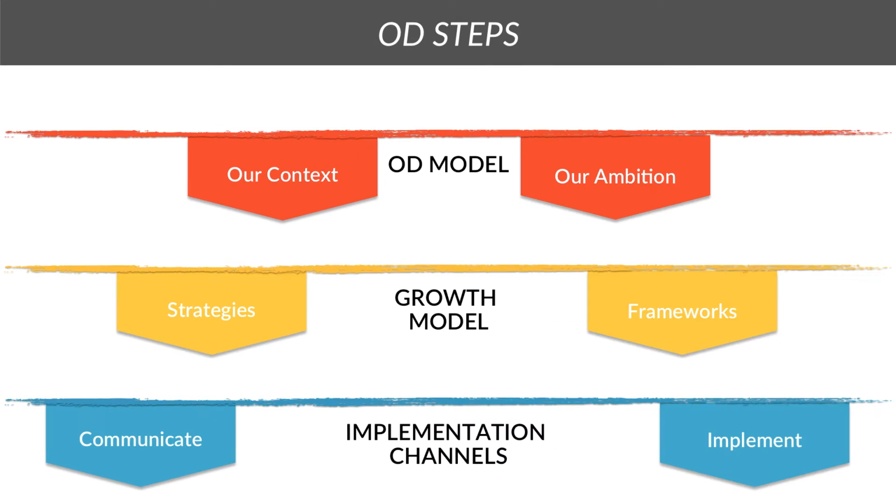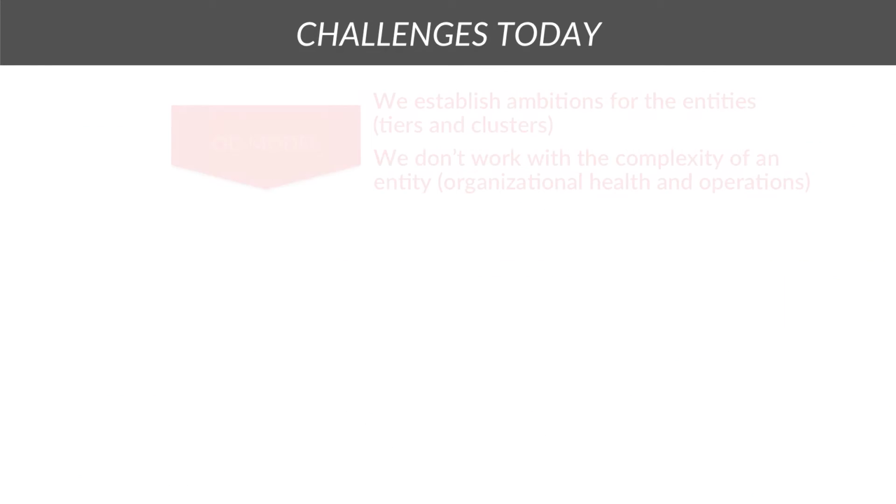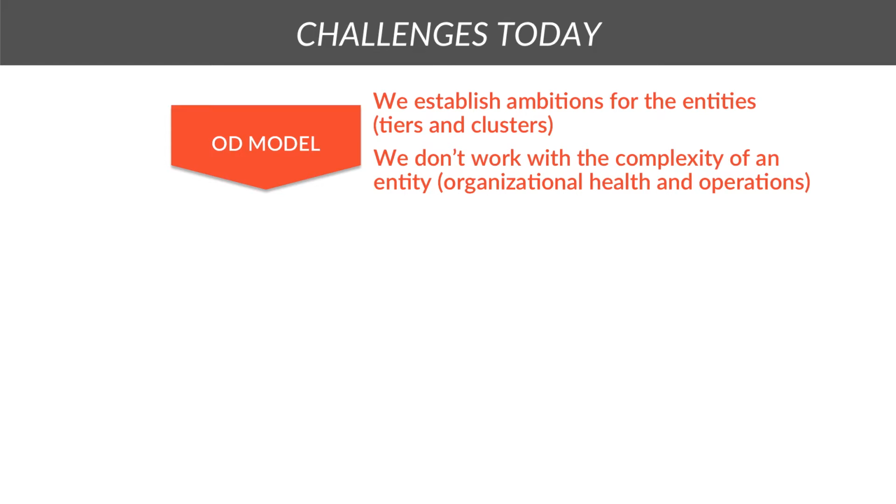Then, if we look at the older steps that I already explained to you, we also have a few challenges. The first challenge: we used to establish ambitions for the entities. With closed, established numbers for the tiers and the clusters, the LCs were just choosing from a variety of numbers, which was their ambition or their goal, because they had 250 for tier 1 in IGV, and then they chose to be tier 1 in IGV for that year.